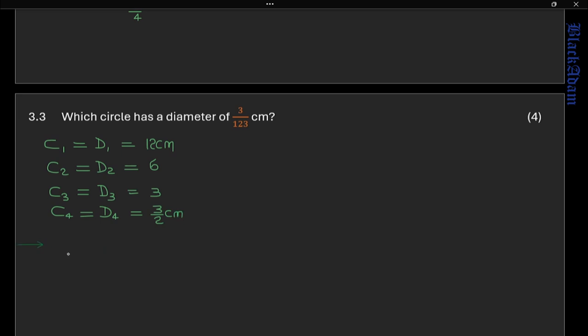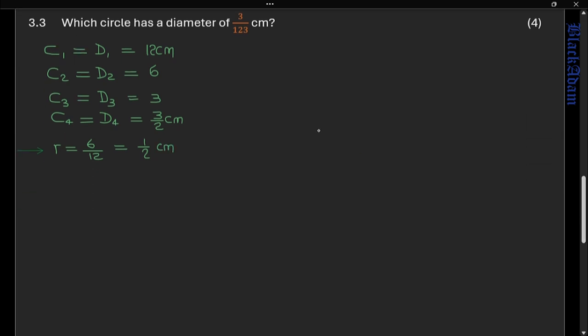So we can conclude that R is 6 divided by 12 in terms of diameter, so that's going to be 1/2 centimeter. Now we need to find A. Our A there is 12 centimeter, and the ratio is half.